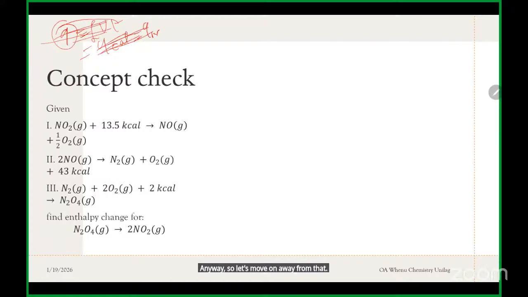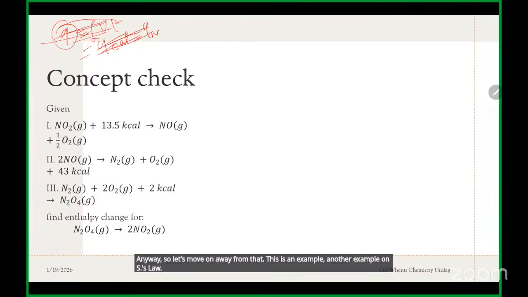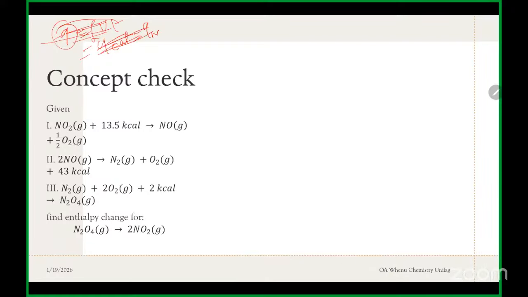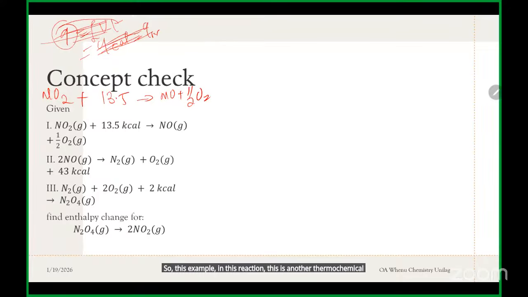This is another example on Hess's law. We are given this reaction, NO2 going to NO plus half O2, another thermochemical equation in which the heat is written with the reaction.